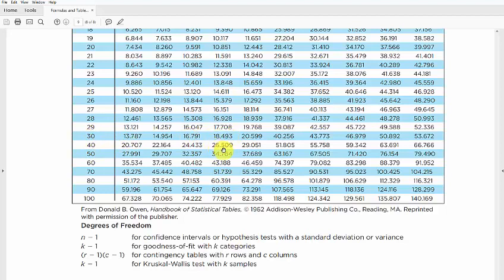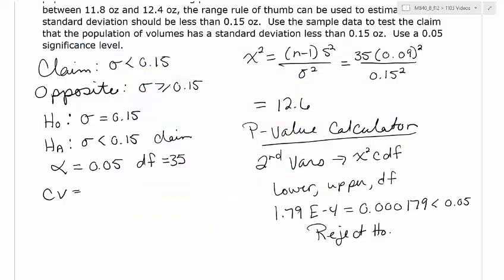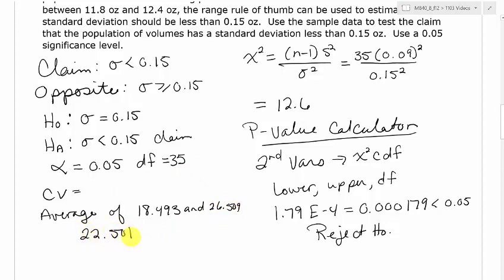So that is the average of 18.493 and 26.509. And the average of those two numbers is 22.501.